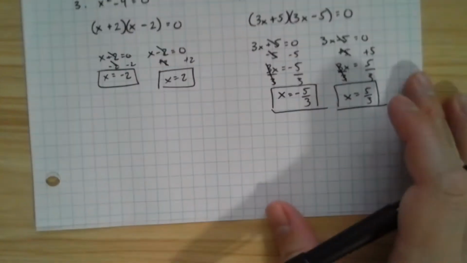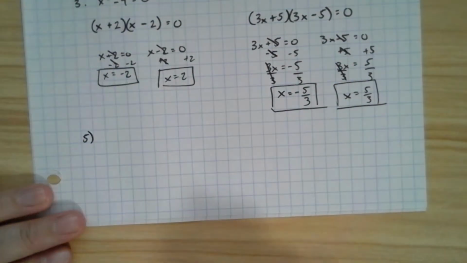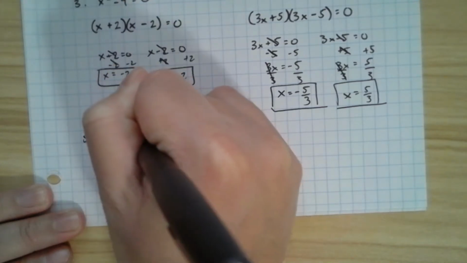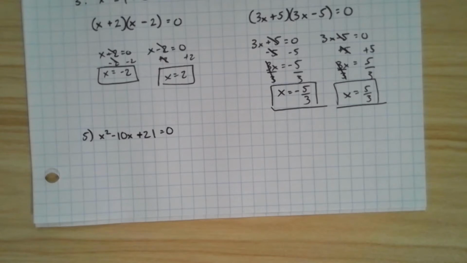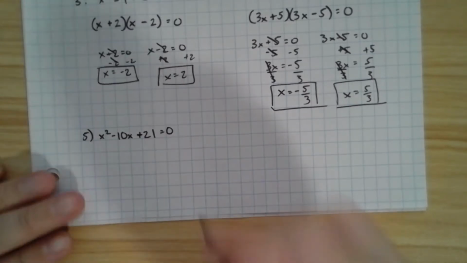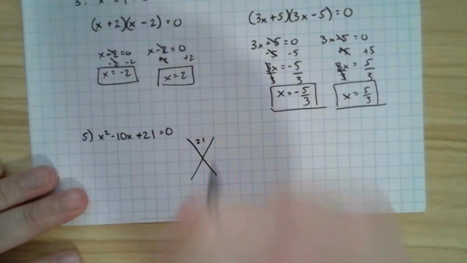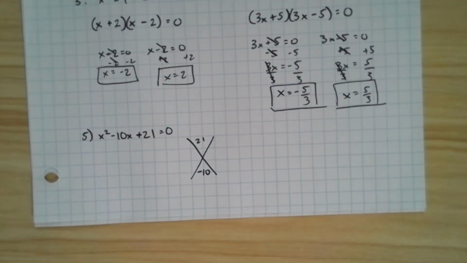Okay, next. I got x squared minus 10x plus 21 is equal to 0. Notice that this quadratic equation is a trinomial. I got all three terms here. So then this is the one we do with the x. Factors of 21 that add up to negative 10. So what two numbers multiply to 21 but add up to negative 10?